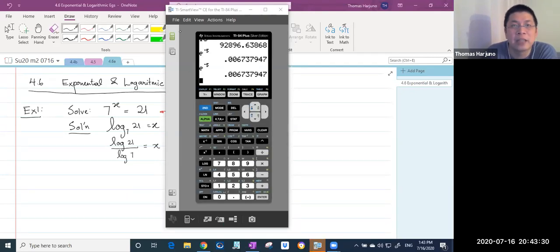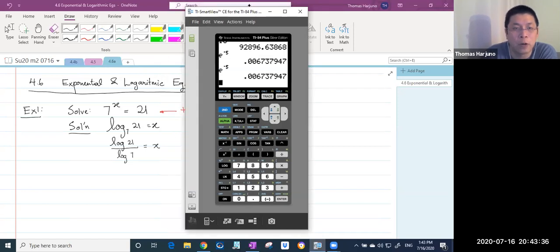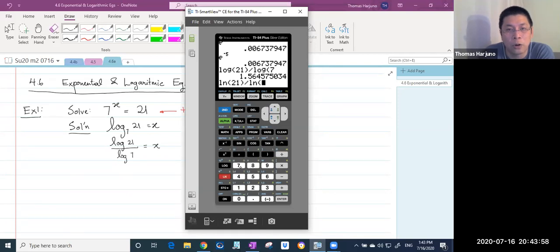So log base 7 of 21 is the exact solution, but to compute the approximate solution, we use the calculator: log 21, don't forget to close the parentheses, divided by log 7. Or you can also use natural log: natural log of 21 divided by natural log of 7.